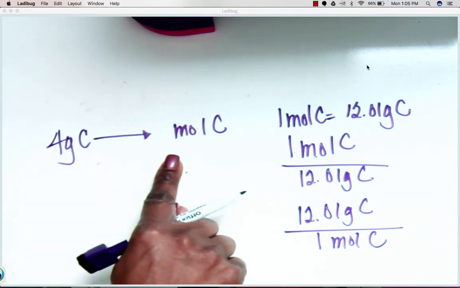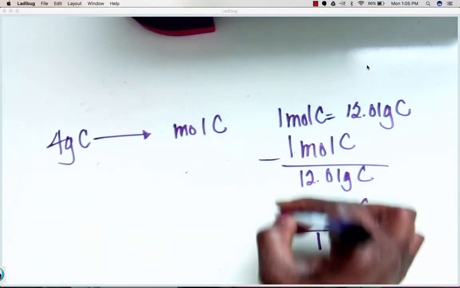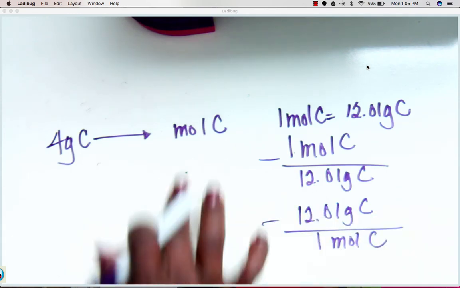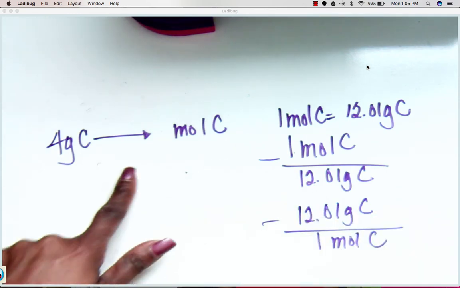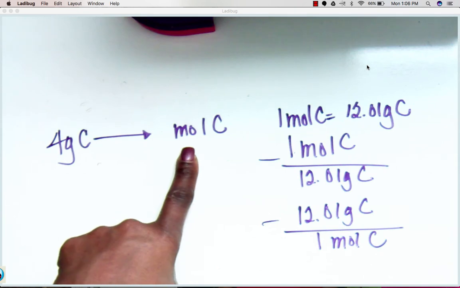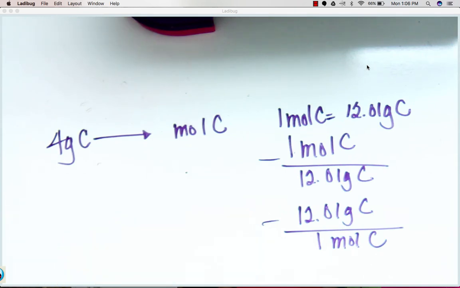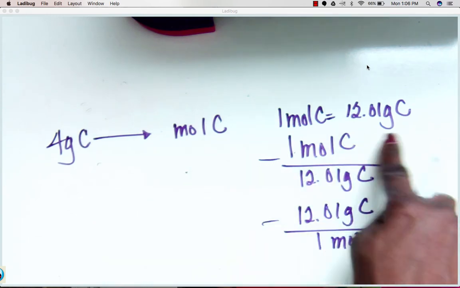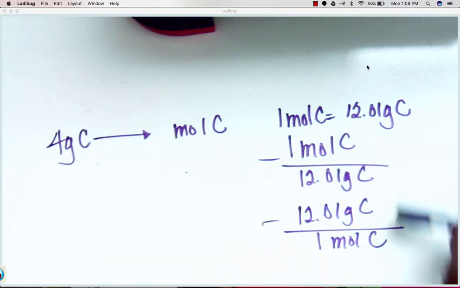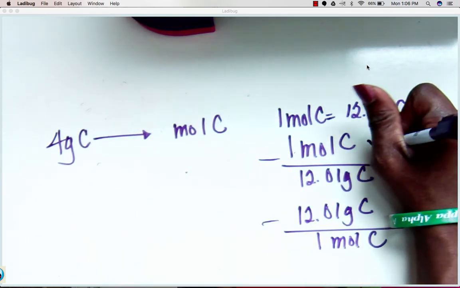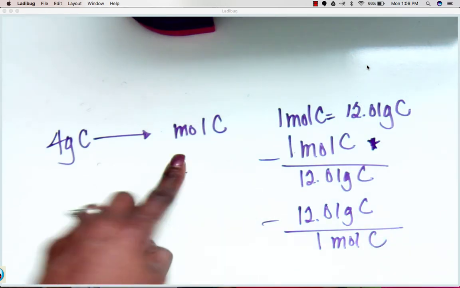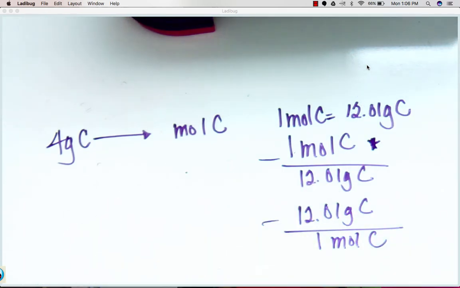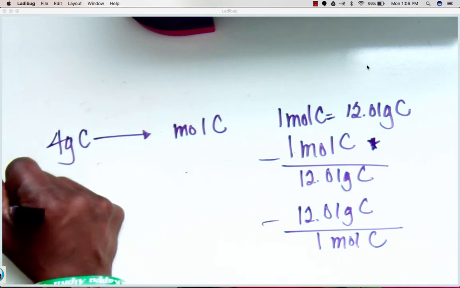For our problem, we have to look at which of the bottom 2 conversion factors will give us a final unit of moles of carbon. It is the second conversion factor, where moles of carbon is in the numerator. The unit you want to find should be part of your numerator. So we're going to start with 1 mole of carbon over 12.01 grams of carbon.